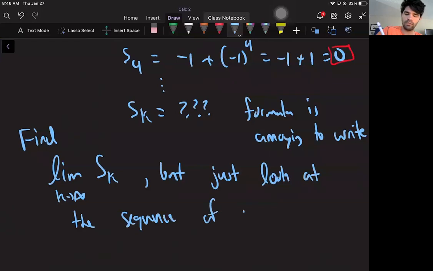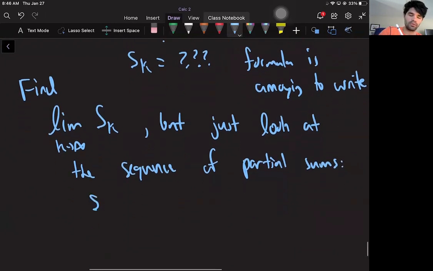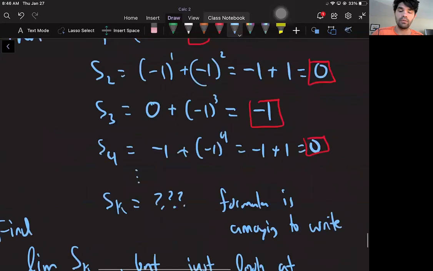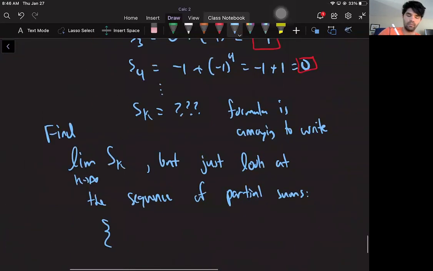The sequence of the partial sums, because that's what the limit is really saying: where is the sequence of partial sums going? So it starts with -1, then it's 0, then it's -1, then it's 0, and so on like that.